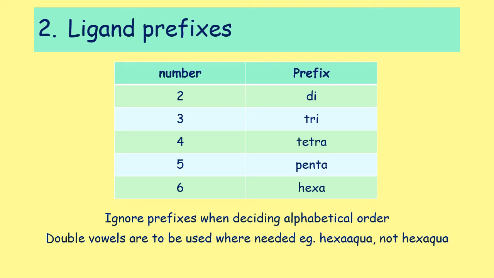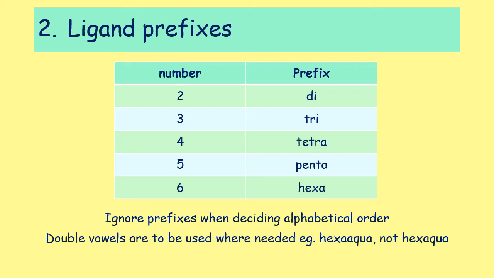Now these ones, it doesn't matter what order the prefixes are alphabetically, it is the ligand it is associated with that determines the order. So for example, if you had 3 water molecules and 2 chlorides, it would be triaqua dichlorido, because aqua comes before chlorido.